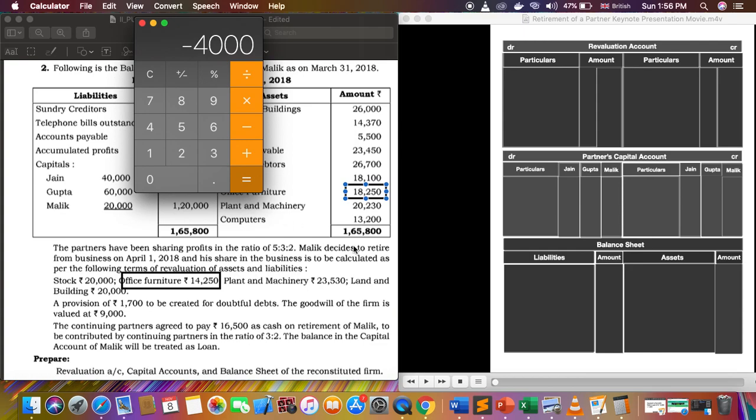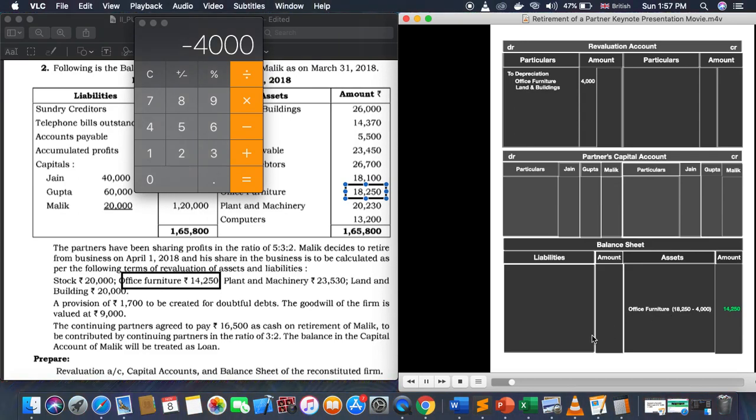So without a atom of doubt, you go ahead and write it on the debit side. So do depreciation, office furniture, 4,000 rupees. And that same entry will reflect over here in the balance sheet when you write office furniture 18,250 minus the 4,000 which we depreciated, and write the depreciated value 14,250.